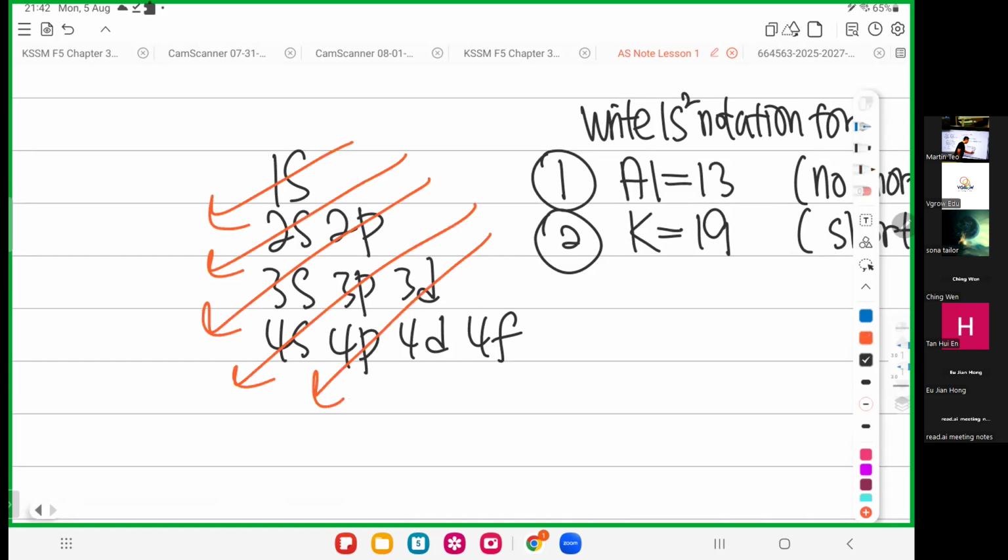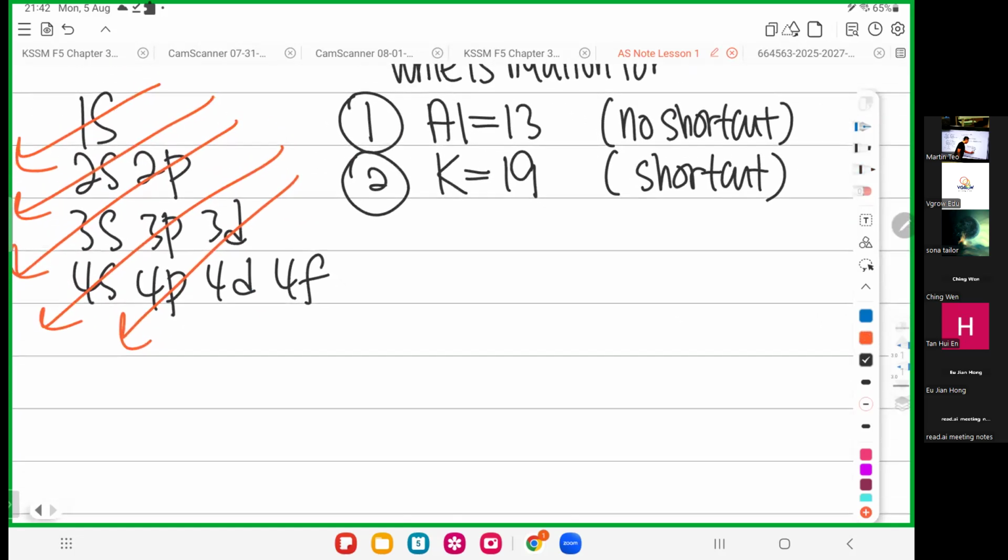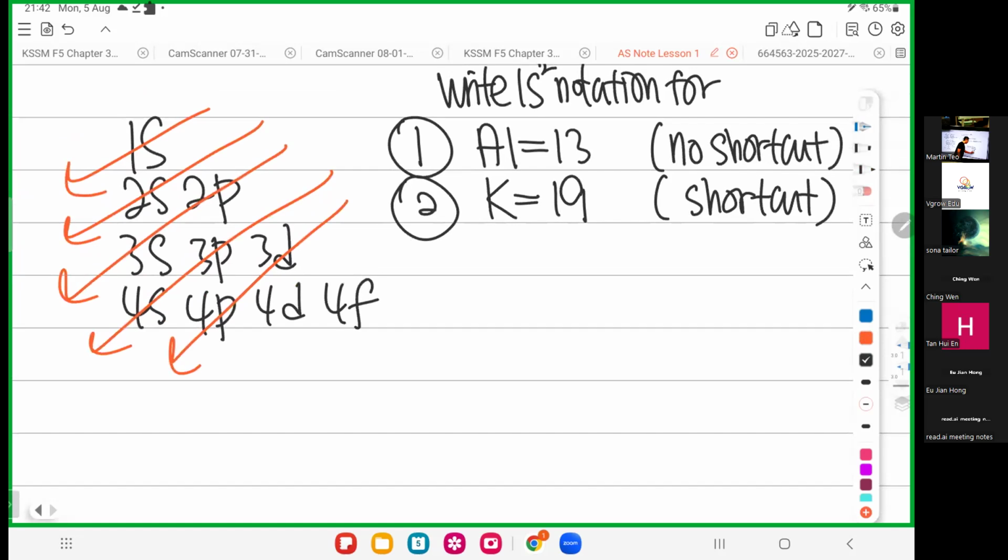So aluminium has 13 electrons: 1s2, 2s2, 2p6, 3s2, and then 3p1. That's how we put the electrons into aluminium.